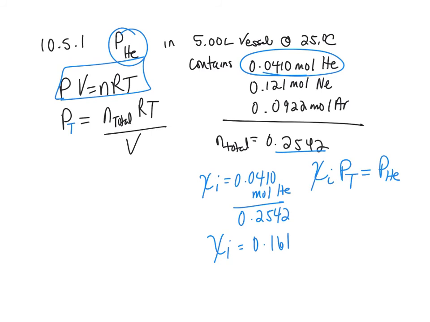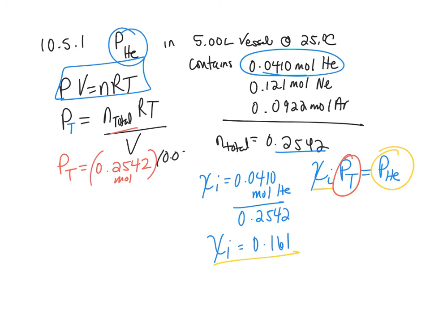Now we need to find PT, and we're going to do that using the ideal gas equation. So PT is 0.2542 mole times R, 0.08206 liters atmosphere per mole Kelvin.